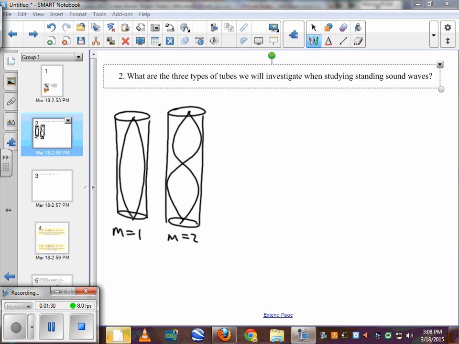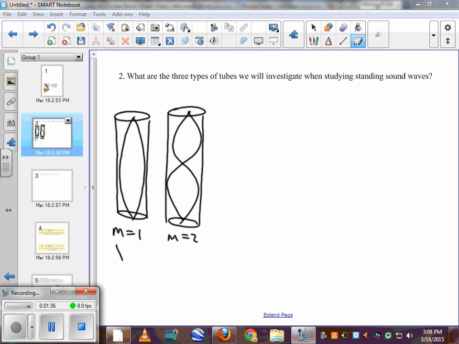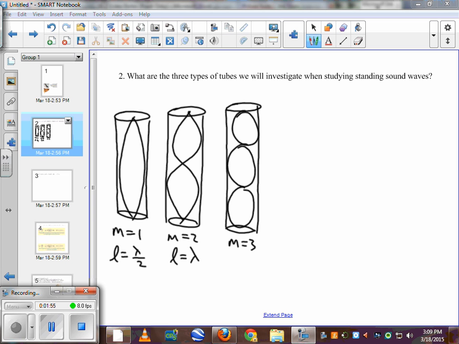In this case, the length of the tube equals half a wavelength for m equals 1. For m equals 2, the length of the tube equals 1 wavelength. Now let's look at m equals 3. In this case, the length of the tube is 3/2 of a wavelength, or 1.5.